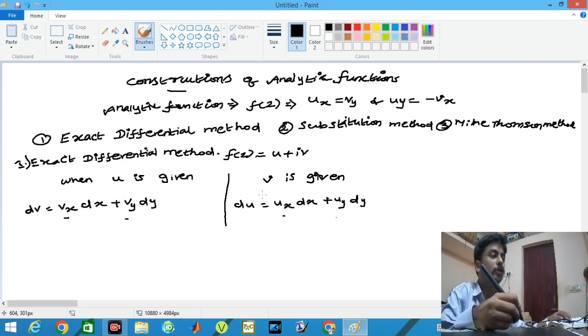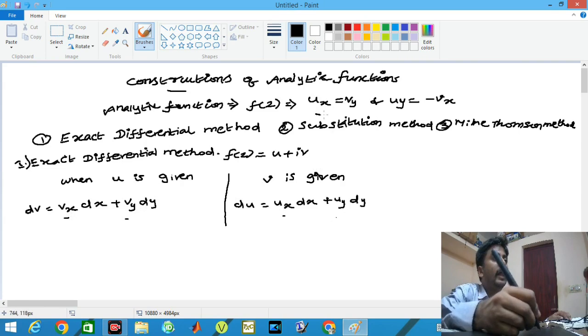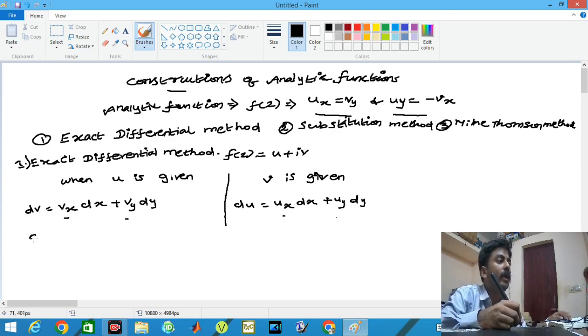So we have to make use of the conditions for analytic functions, ux equal to vy and uy equal to minus vx. Since we want dv, I am changing all these v terms to u terms.